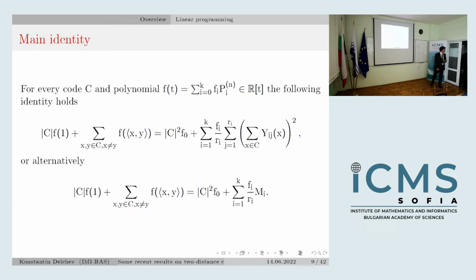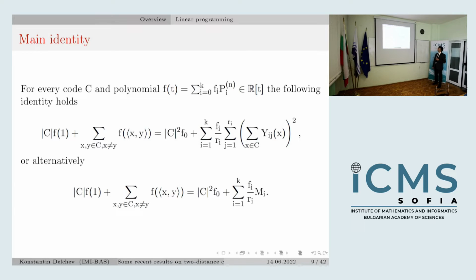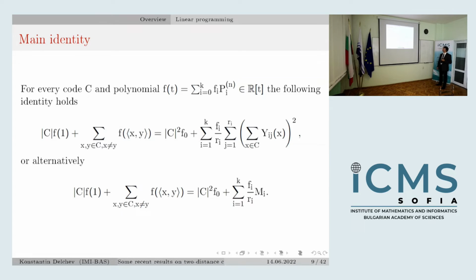Based on that, we can easily, combinatorially, deduce the following main identity, and it's just proven by calculating the sum of a given polynomial over all inner products in two different ways.